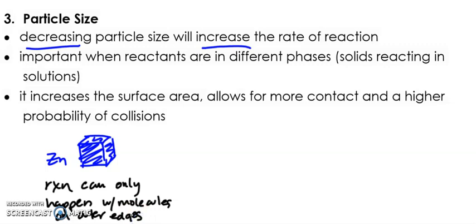Any of the molecules that are on the inside of that cube, they're not going to be able to react with anything until the things on the outside have reacted. So it's going to happen more slowly because you're going to have to go layer by layer.